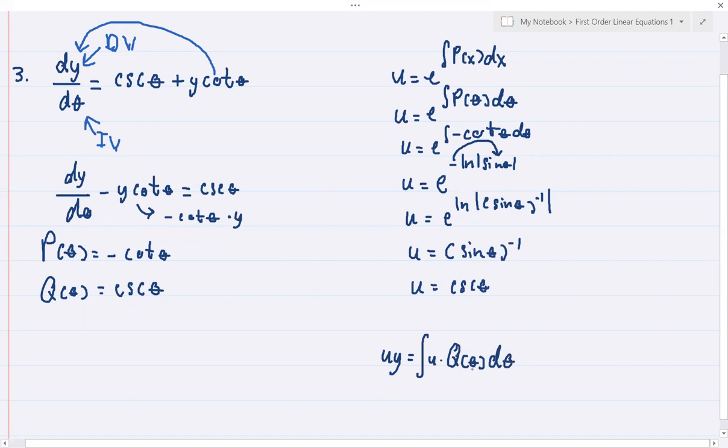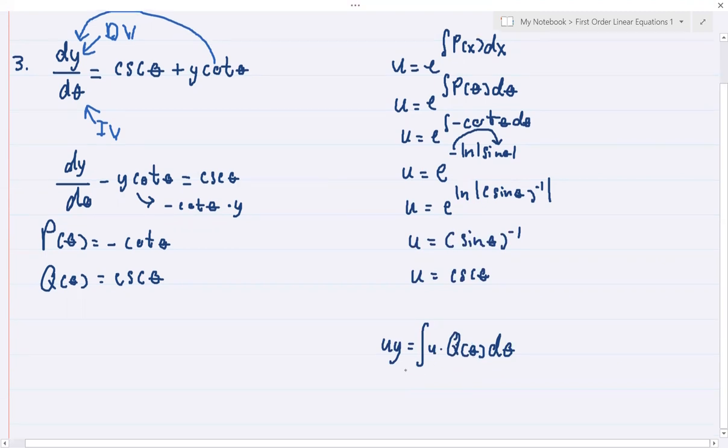Remember that the letters are changed. Since your independent variable is theta, it should be in theta, not in x. Now we can substitute. So you have cosecant theta times y is equal to the integral of cosecant theta times cosecant theta.